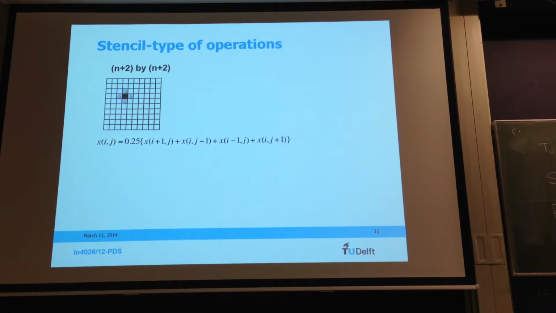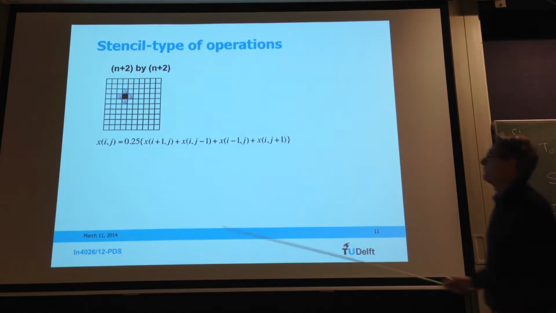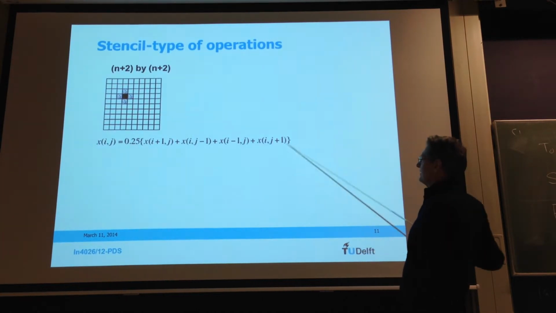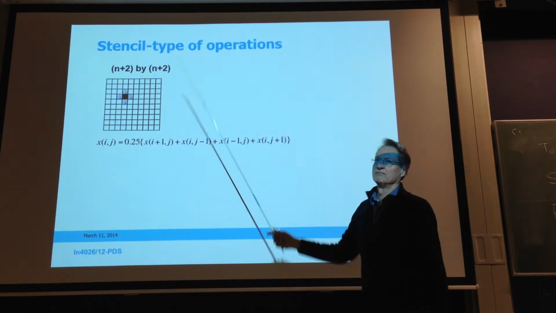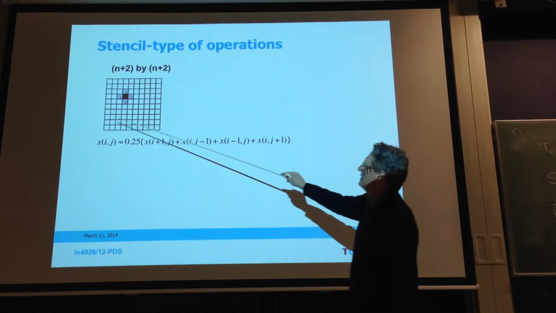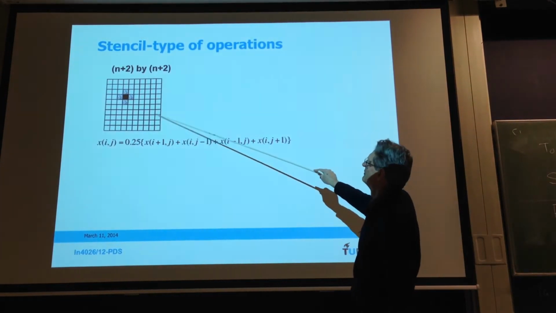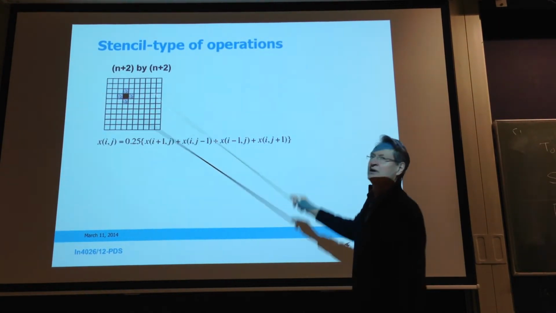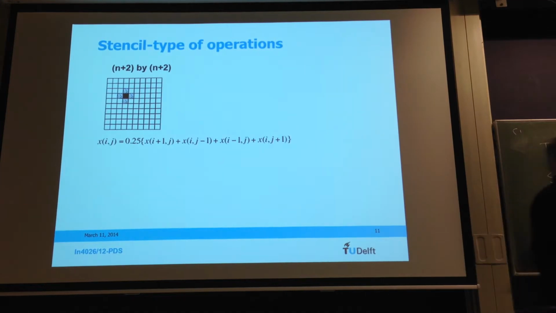The operation is typically what you see a lot in image processing. For every pixel, or cell here, I take the average of the neighboring elements, right? And I can only do that for the n by n inner part, because the border rows you have to keep separate.